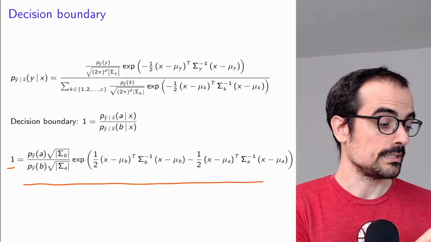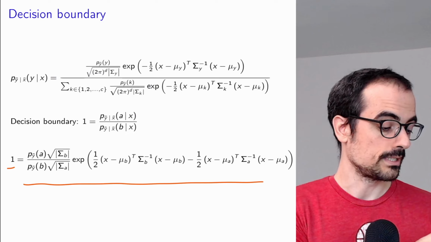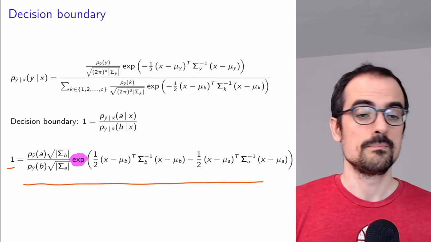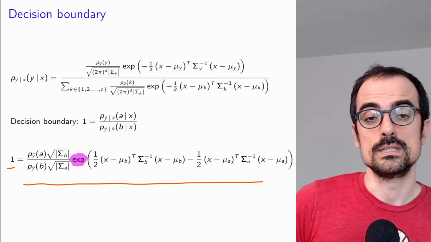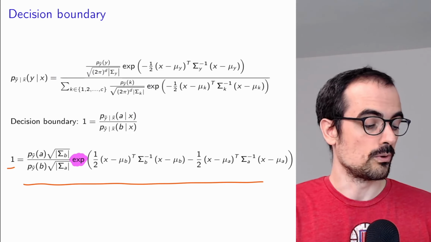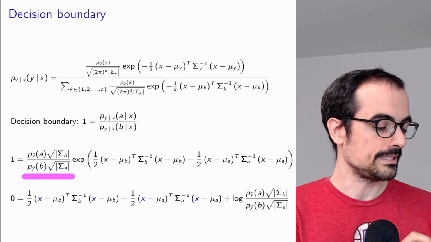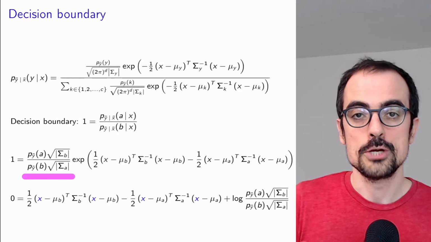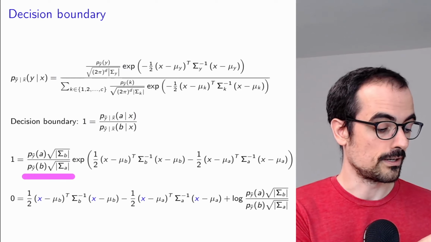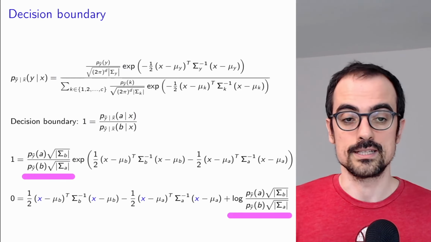What are we going to do? We're going to take logarithms, on both sides, because we have that exponential. When we take the logarithm of 1, we get 0 on the left. And on the right, we get the logarithm of this stuff, which doesn't matter because it's not a function of the features, so we can just ignore it.